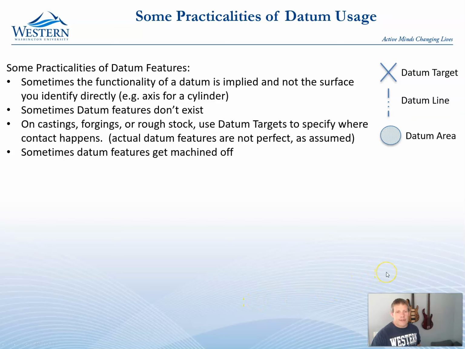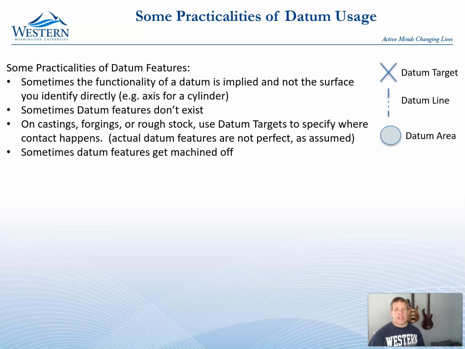And so this often happens on castings. Because castings can vary quite a bit in size, and they may have rough surfaces, it doesn't make sense to have just a single point be the datum, because there might be a little hole, like a blowhole or something, right at that point.